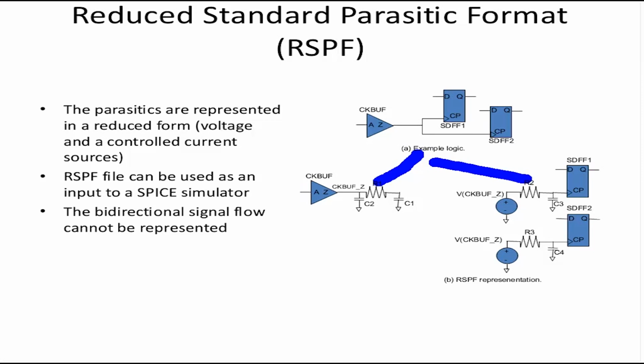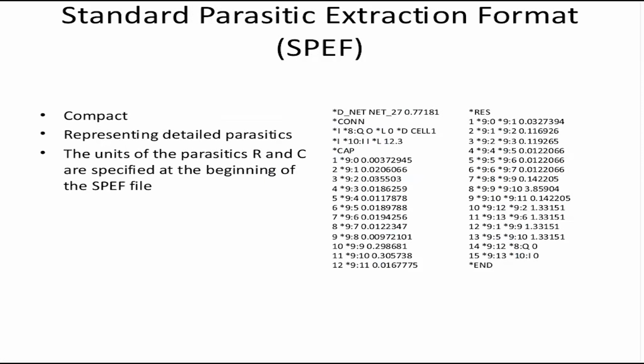And there is one format called SPEF, which is the most popular industry format for static timing analysis. Why? Because it is balanced in the sense that it is not as detailed as DSPF, but it has enough information. What it means is that it has detailed parasitics up to some extent. It also has coupling capacitance, and it is of a similar format as DSPF, similar to SPICE.